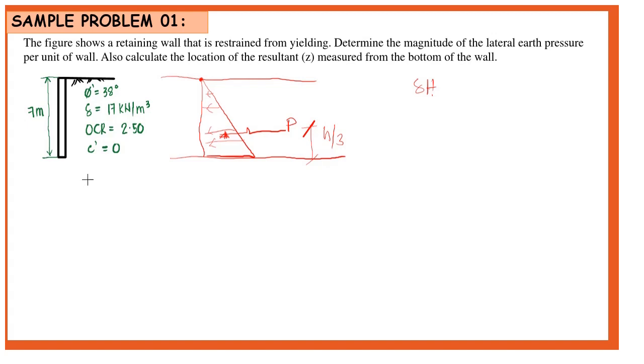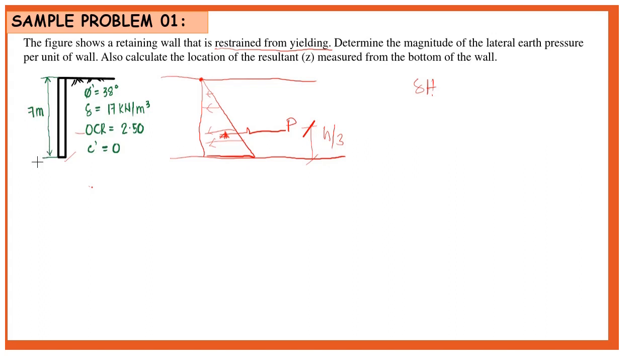Okay? So first, to solve this we need to solve for the value of our K, our pressure coefficient. So this is restrained, so our retaining wall is rigid. So our K here, we have OCR given.